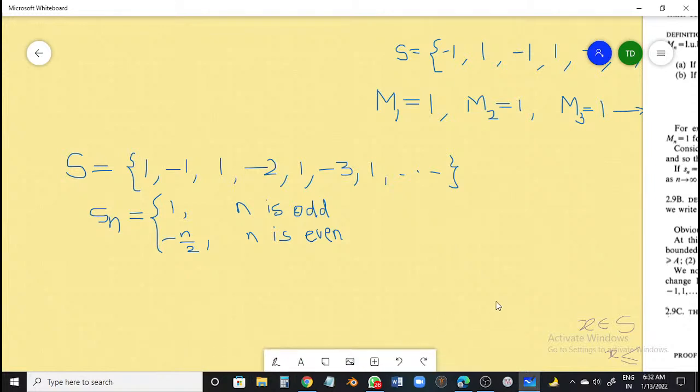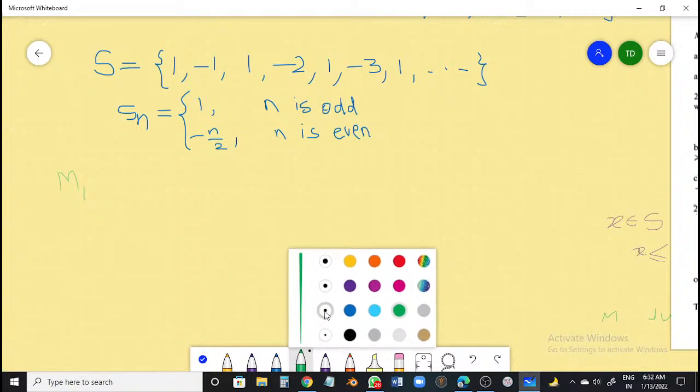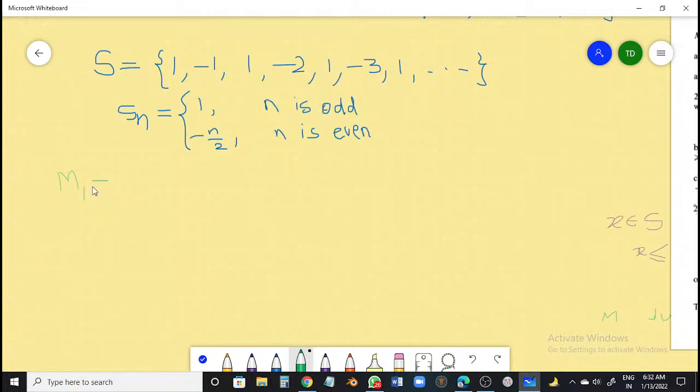Alright, so let us go on seeing what the superiors and limit superiors are. So what will be m1 in this case? m1 means right from the first term onwards. From the first term onwards, what is the greatest of all? So 1 is the limit superior. What will be m2?